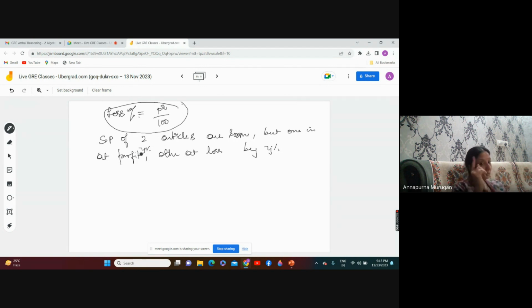The cost price will be different here. In such a situation, no matter that the profit and loss percentages are the same and the selling prices are the same, a loss percentage is still incurred, and that loss percentage is P square by 100.